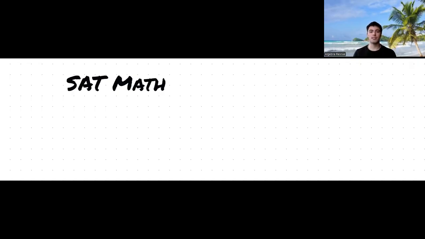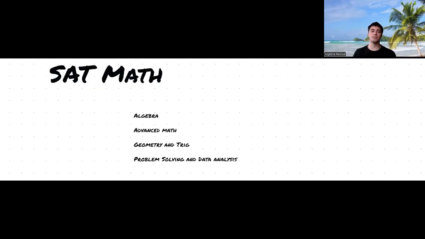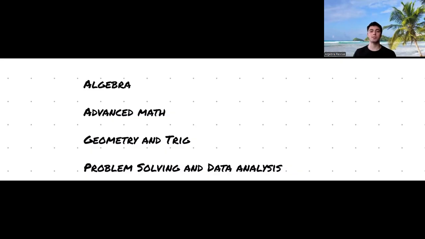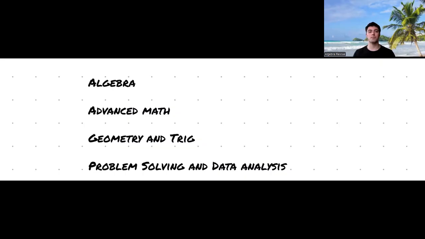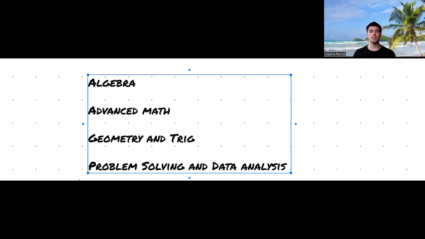So, what is on SAT math? Well, you're going to have four main topics: algebra, advanced math, geometry and trig, problem solving, and data analysis. Now, you might think you should find your weakest subject and then practice that the most.